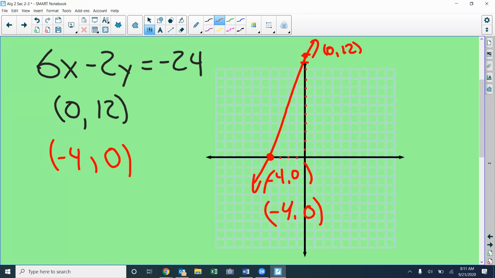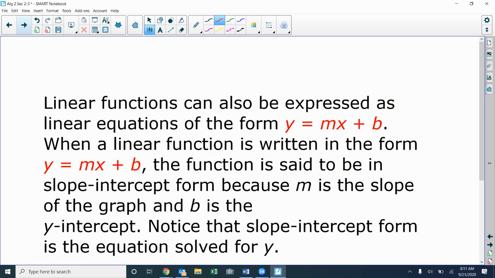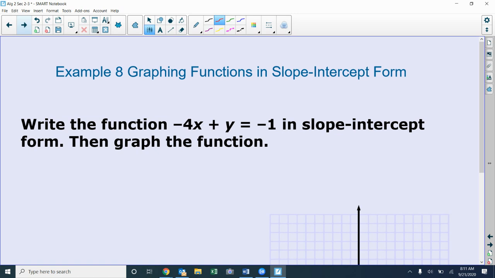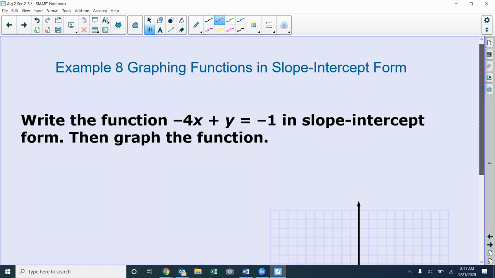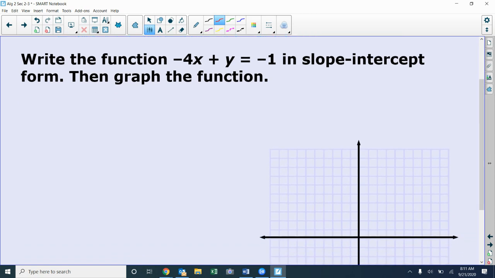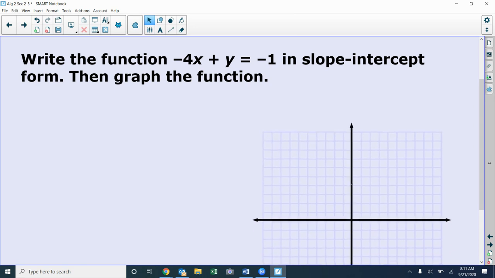Last thing for your enjoyment today, so I guess we're gonna graph by slope intercept. My bad, I thought we had one more. Let's put this in slope intercept and see if we can graph this.